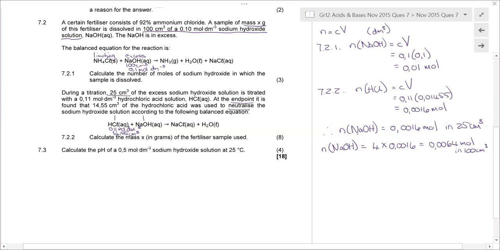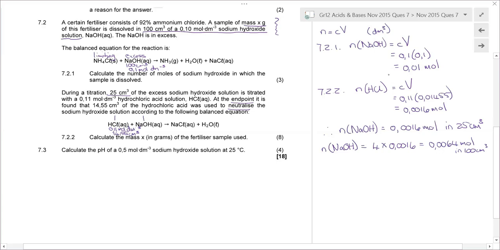The number of moles of sodium hydroxide that were in excess in 25 centimeters cubed was this amount, 0.0016 moles. But we used 100 centimeters cubed of sodium hydroxide according to this paragraph over here. So the excess moles of sodium hydroxide in 100 centimeters cubed will be 0.0064 moles.